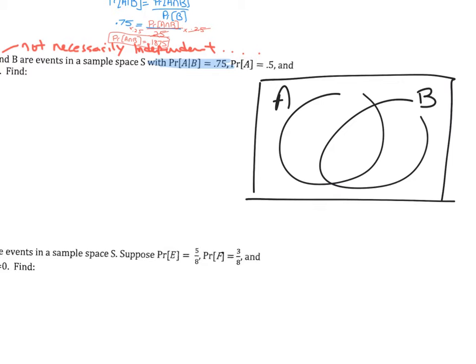Your probability of A and B is right here in the middle part that we always need to have figured out beforehand. And then that way, let's say you're trying to figure out, what's in just A over here? That would be A, which is 0.5, minus what's already there.